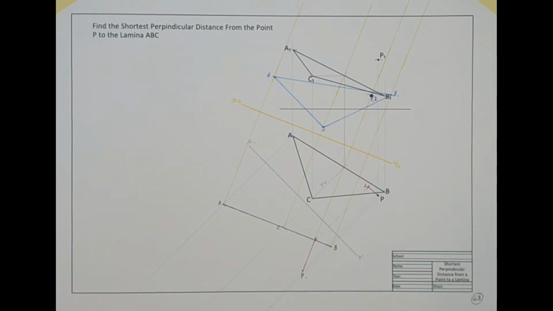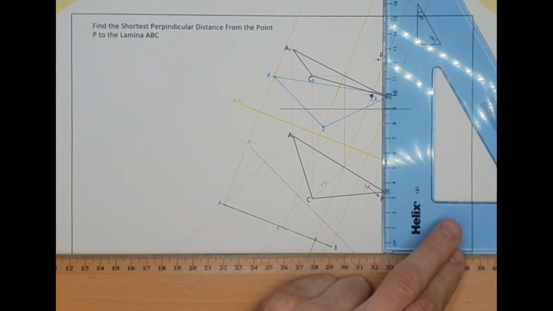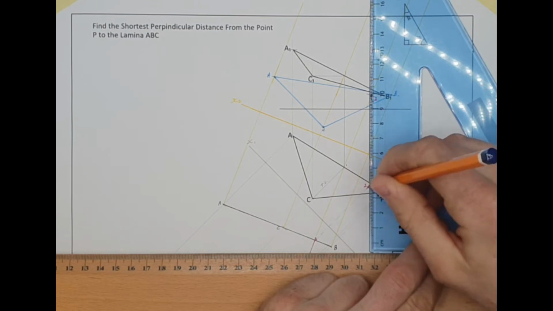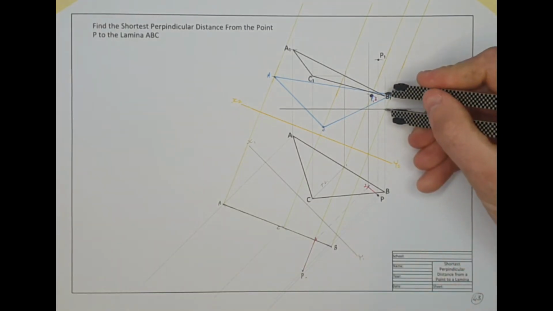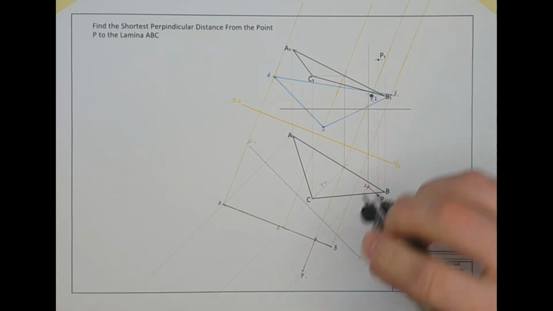Okay, shortest perpendicular distance from the point P to the lamina. Next, I'm going to have to find point 2 up in the elevation. So how do we do that? First of all, project point 2 up to the elevation. And I just take my information like I would always take. I'd take the height of B in the elevation and mark it to the auxiliary.